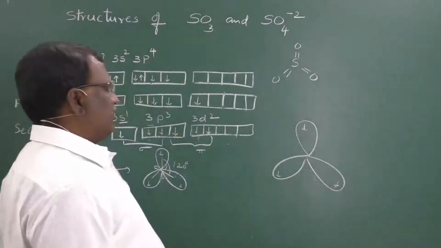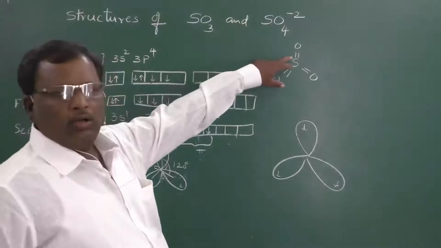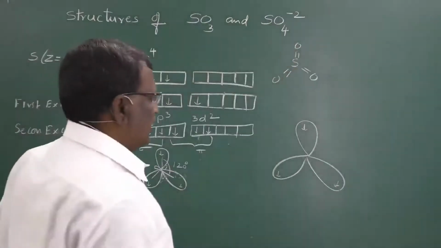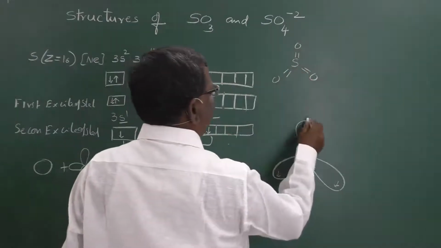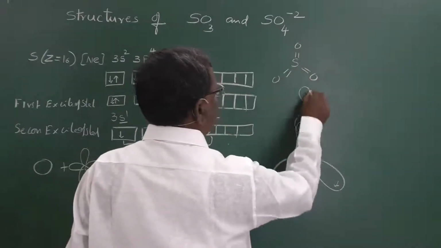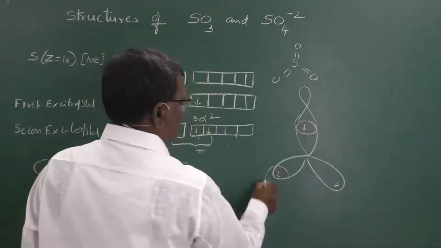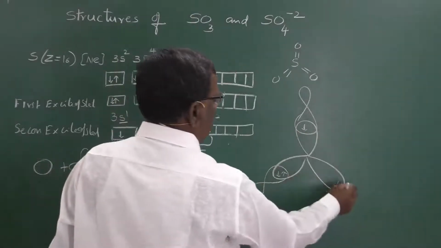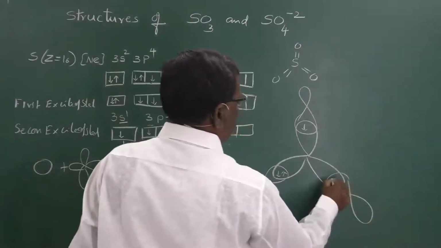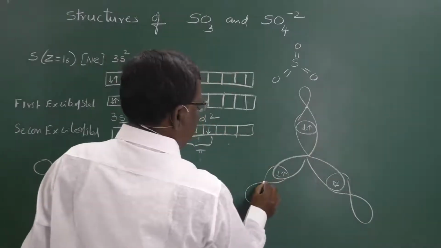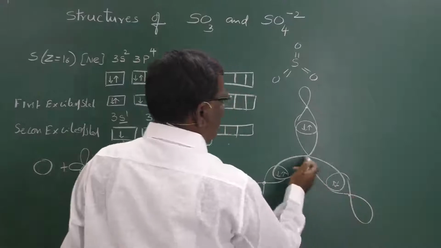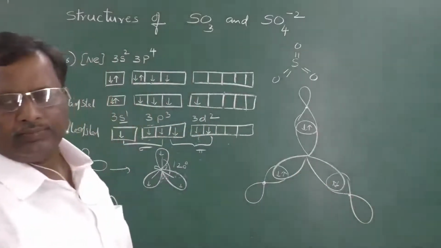Now these three hybrid orbitals will form bonds with oxygen, so that a sigma bond is formed between oxygen and sulfur. Like that, three oxygen atoms form three sigma bonds with one sulfur atom.